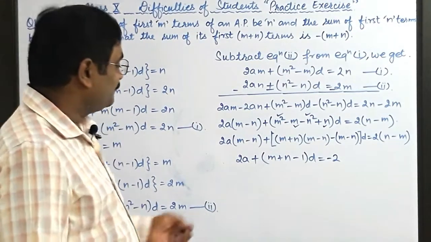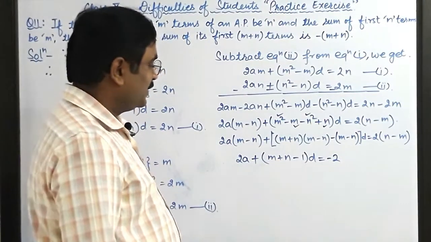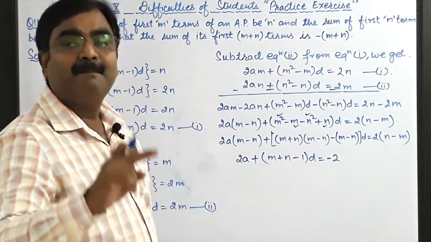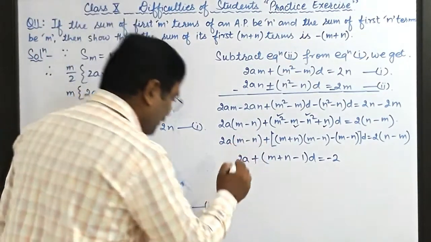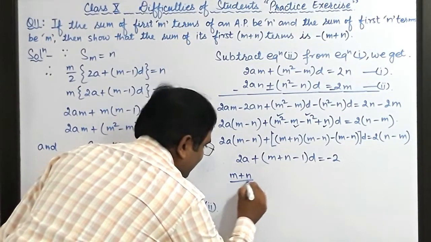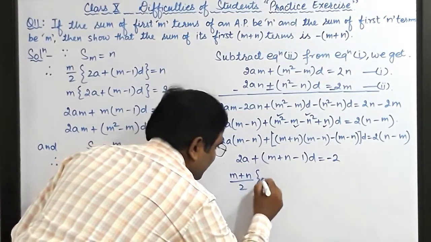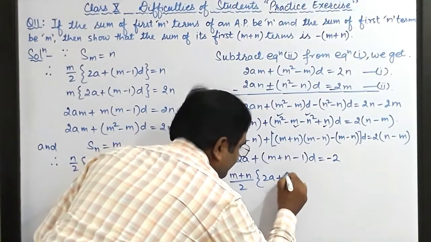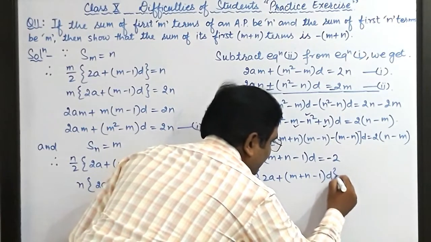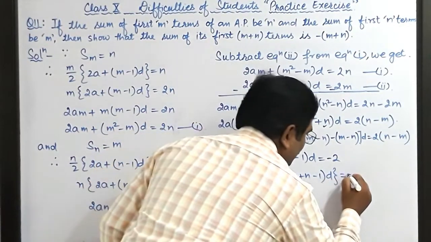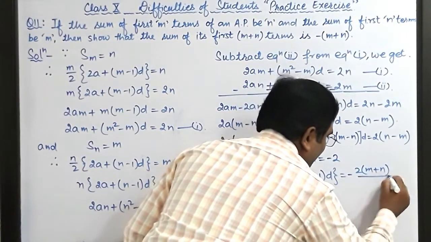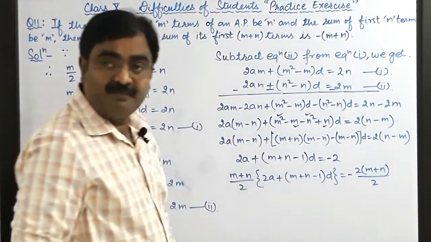अभी क्या करो, इन दिस इक्वेशन बोथ द साइड यू हैव टू मल्टीप्लाई बाई m प्लस n अपॉन 2. दोनों साइड हम मल्टीप्लाई करते हैं किससे, m प्लस n अपॉन 2 इज मल्टीप्लाइड दिस साइड इज इक्वल्स टू minus 2 into m plus n upon 2. कोई problem?